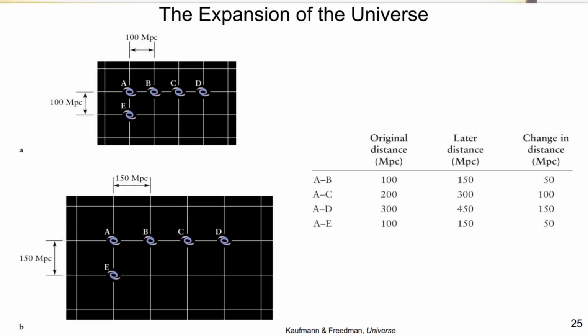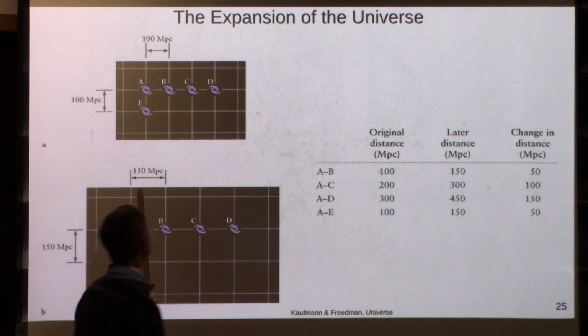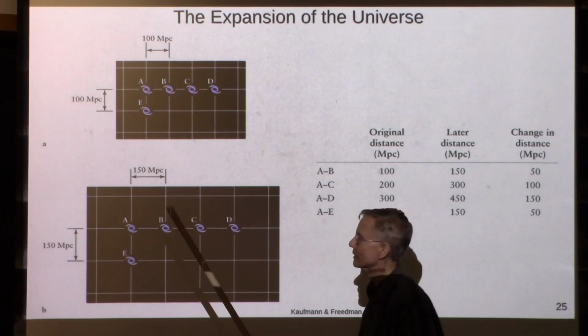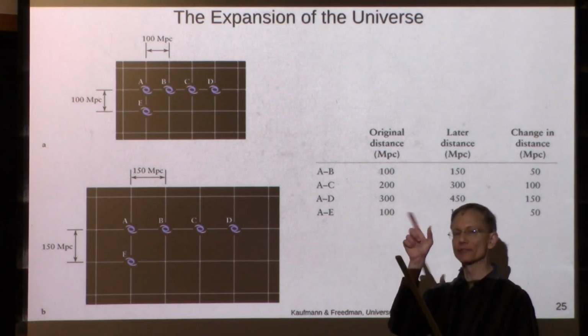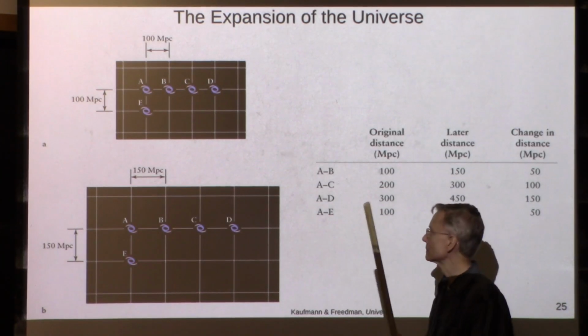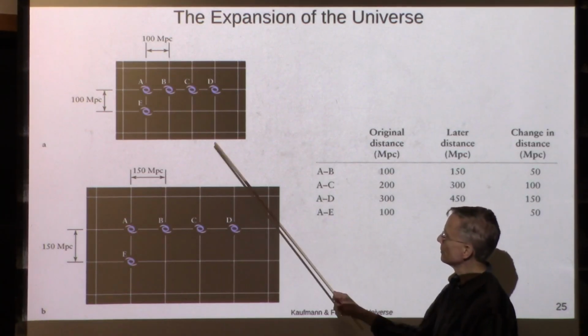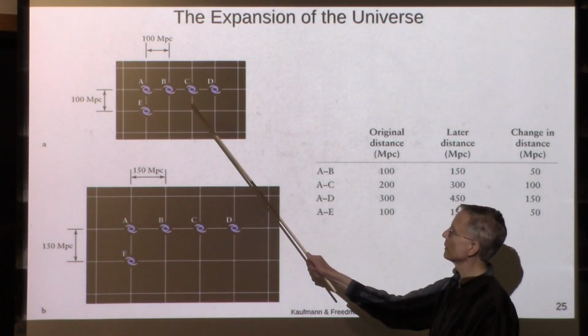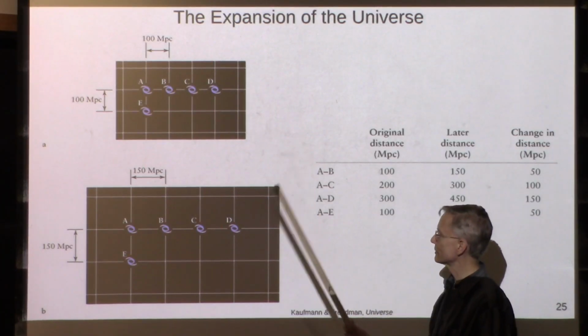So it's a graph paper universe, and here's a bunch of galaxies, A, B, C, D, E, that start out with 100 megaparsecs between adjacent galaxies. Now this 100 megaparsecs is much larger than a galaxy, so these are exaggerated in size, but it doesn't matter. Okay, so at one point, there's 100 megaparsecs between successive galaxies, as it were.